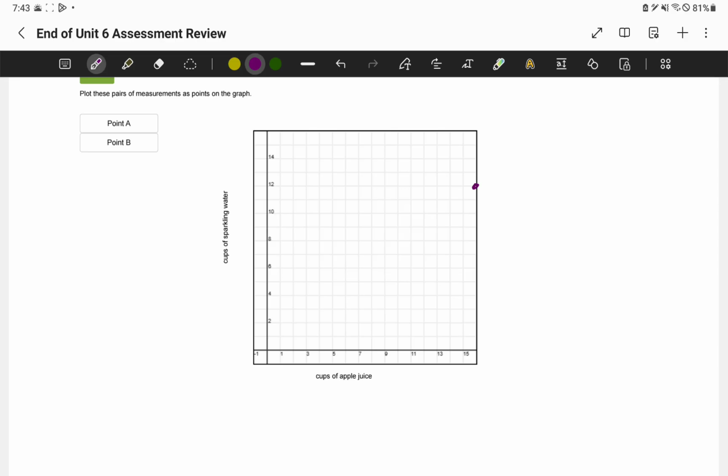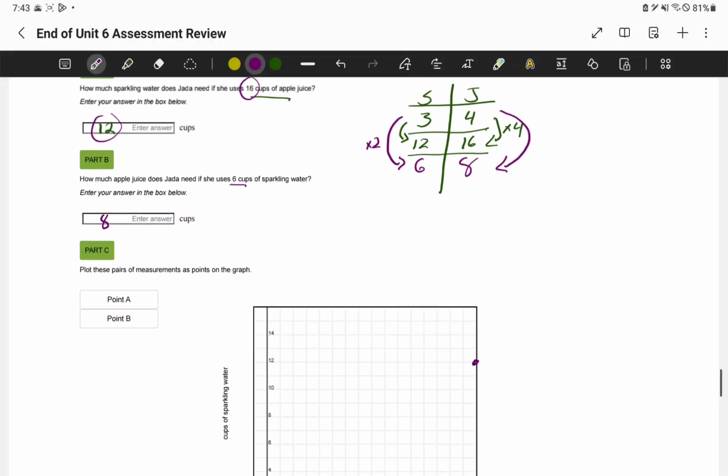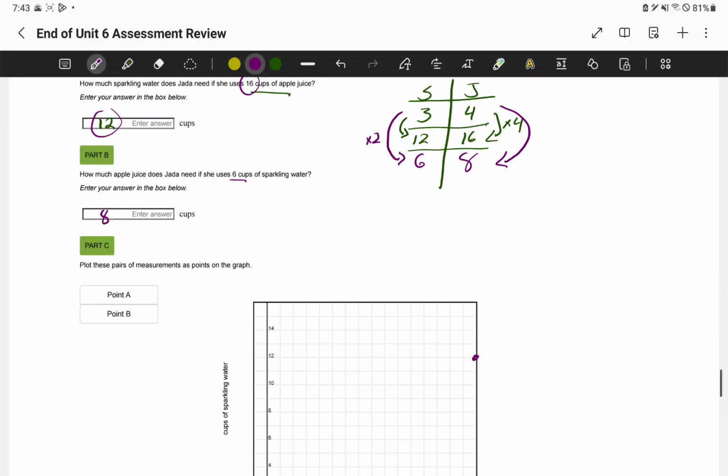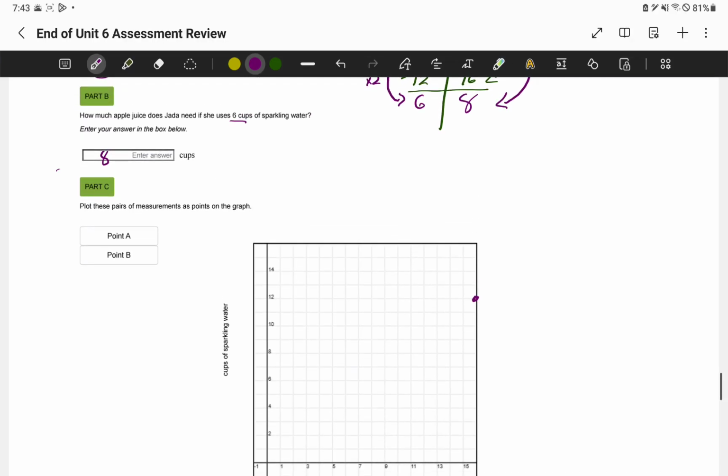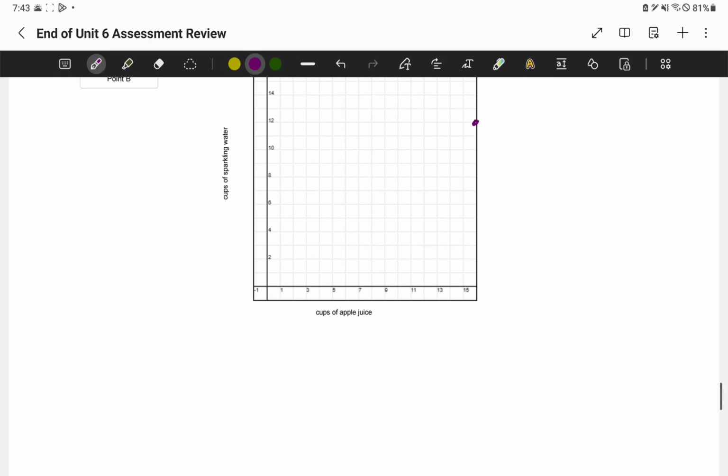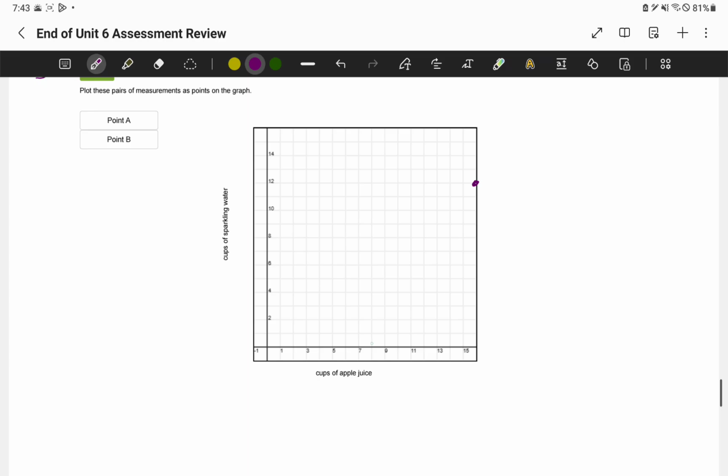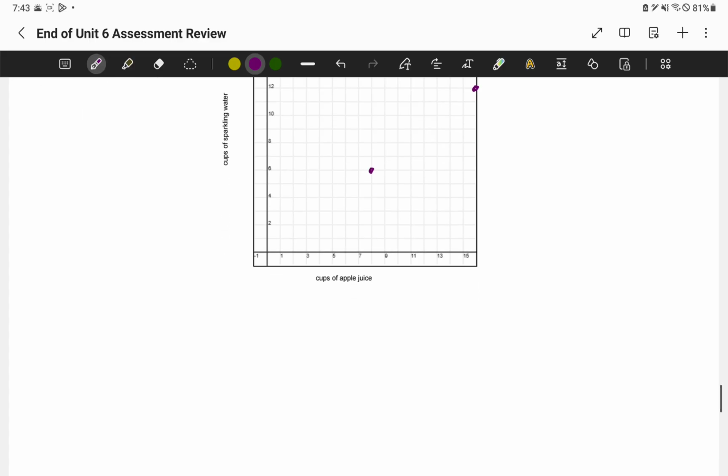Hey, my tablet just realized it's morning. And then I'm going to go over to 8 and up to 6. Because this was juice and this was water. So over to 8 and up to 6. Okay, and so now I've graphed my 2 points.